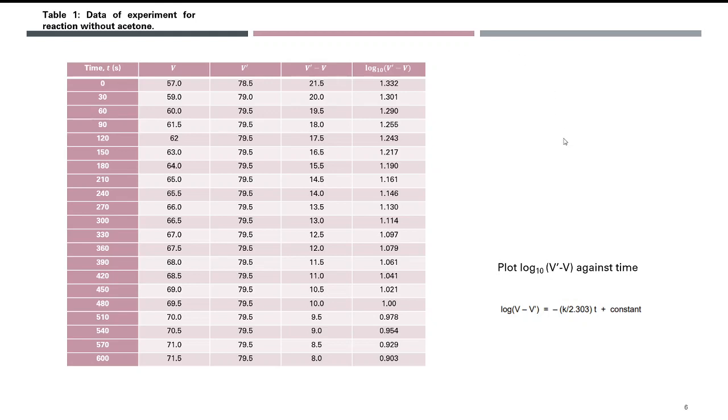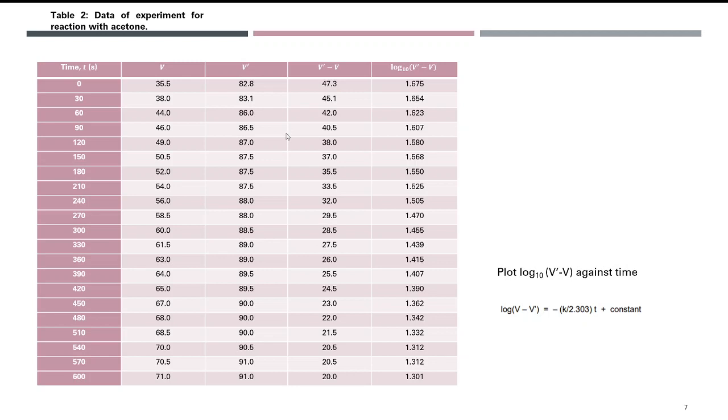Remember from the plot you can get those values. This is a straight line, so obviously the slope is minus k over 2.303, and from the equation of the plot you can directly find the value of k.